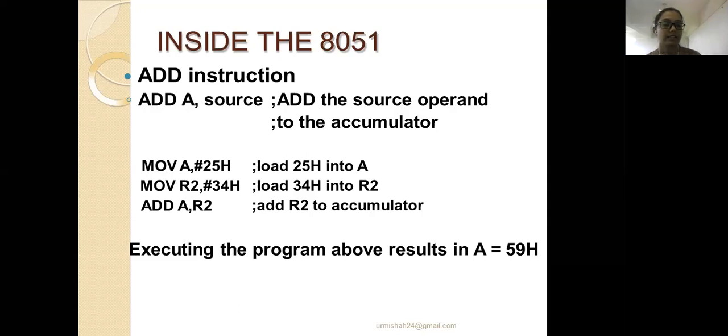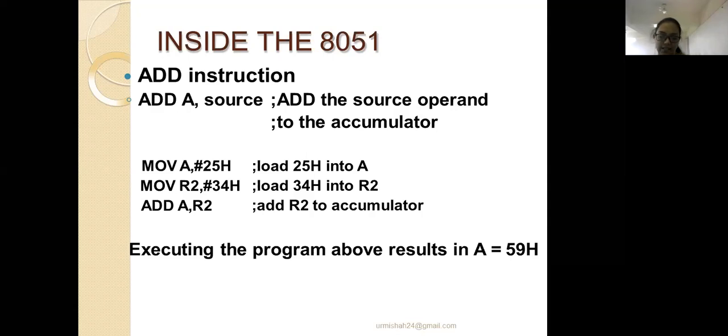Here you can see A is the destination register, the accumulator is the destination register. ADD A, comma, source: it will add the data of the source register as well as the data present in the accumulator, and it will save the final output after addition into the accumulator register.